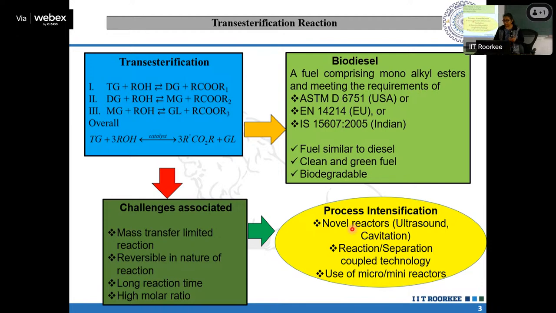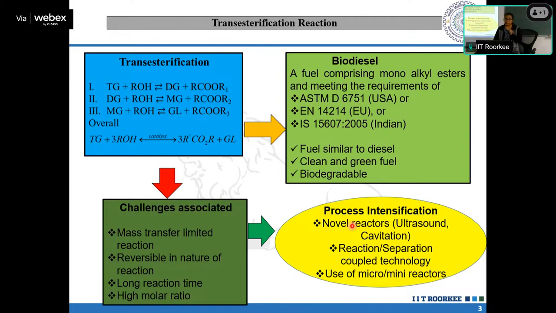Then the separation, as I said, is another challenge, so separation can be coupled with some technologies. Then you can use mini and micro reactors. Where do the mini and micro reactors come into the picture in this case? Because when you lower the scale, the diffusion length is reduced.